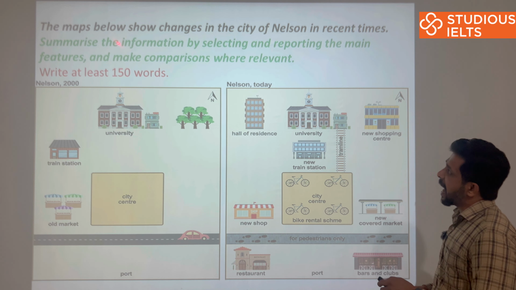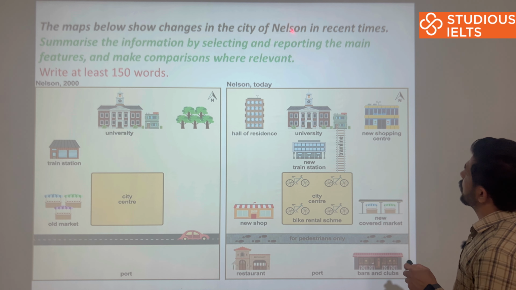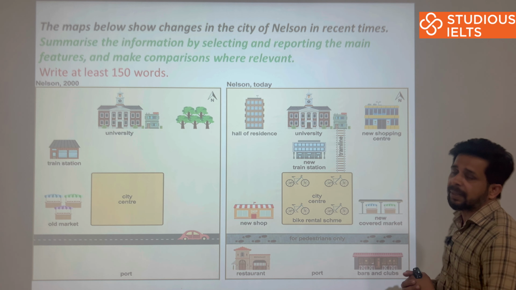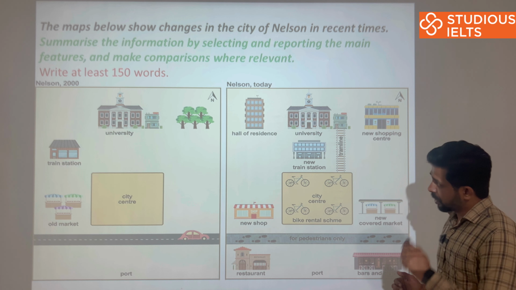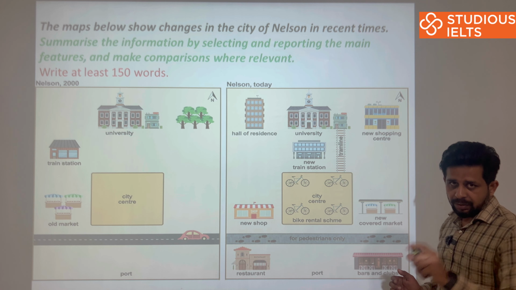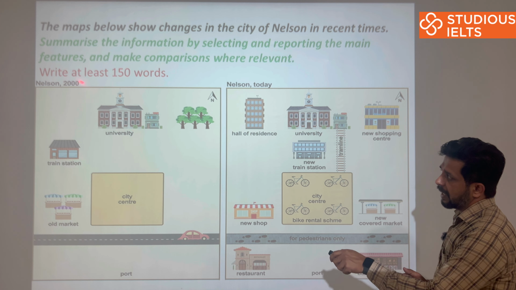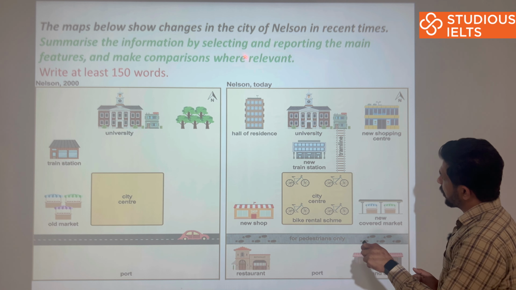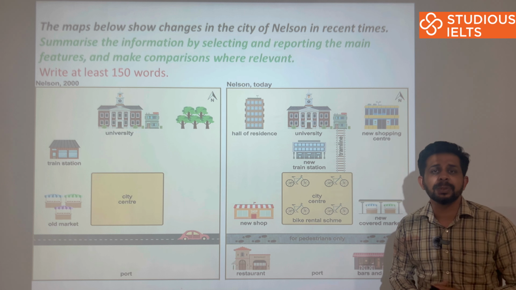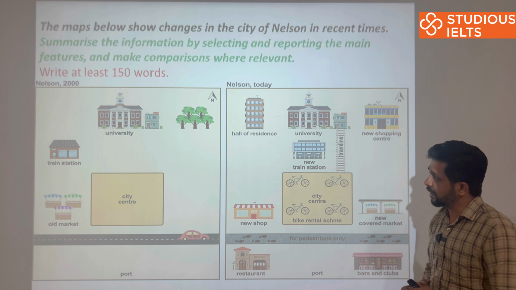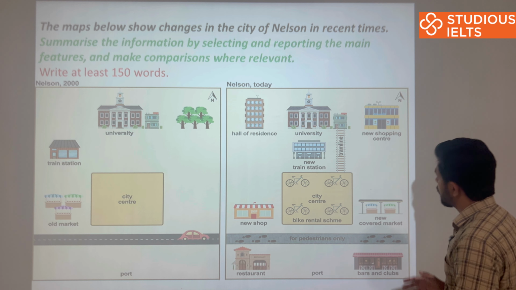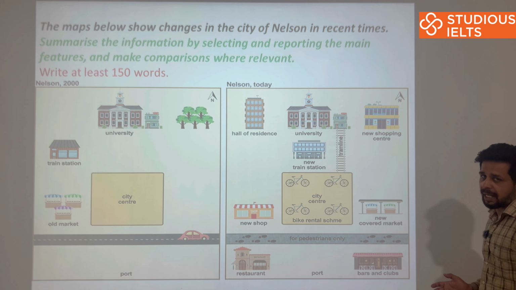See, it says the maps below show changes in the city of Nelson in recent times. Well, those recent times are: one picture represents this particular town, Nelson, in 2000, and the second picture shows it in the current period of time. So how did it look in 2000 and how does it look in the current period of time?